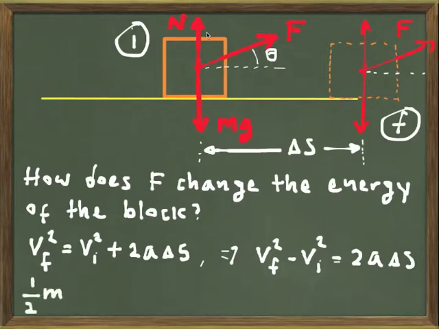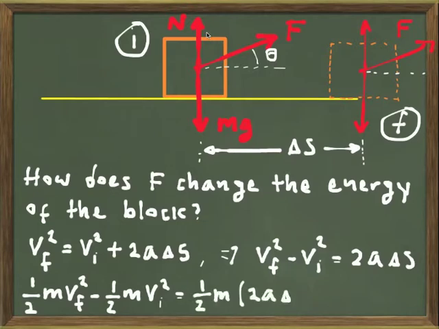We've used it a lot. Remember that I'm trying to get to the difference in kinetic energy, so I'm going to use that kinematics equation and multiply by 1/2 of the mass of the block. So what it says is that I have constructed the difference in kinetic energy on the left-hand side. On the right-hand side, I have 1/2 of the mass times 2 times the acceleration times delta S.